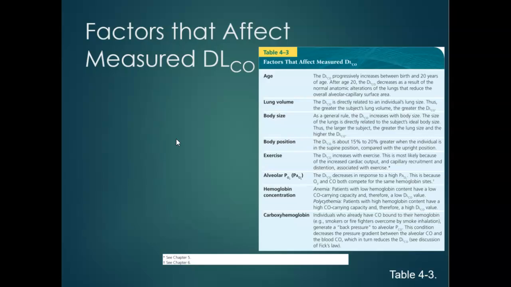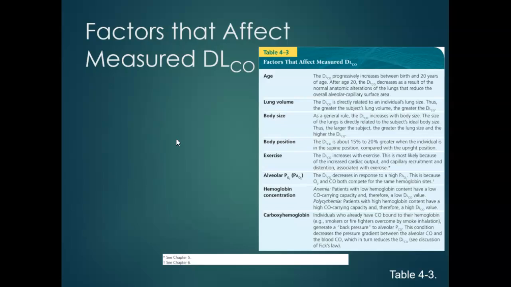So the test that we perform on patients that measures their diffusion is called a DLCO test. It's looking at carbon monoxide, because carbon monoxide really is readily picked up by the blood. It's a really good diffusion limited gas that gives us a good idea of how well gases are moving across that AC membrane.